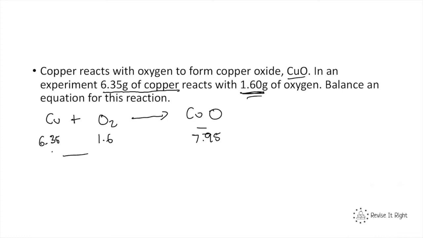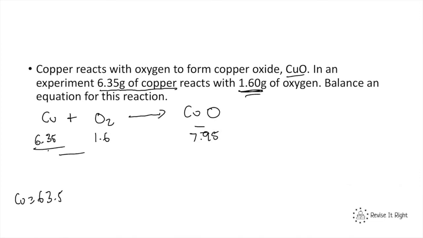Okay, now we've got that, we can find out the Mrs of each of our compounds. So here we've got copper, so underneath here we're going to write copper, and if we look on our periodic table, then the mass of copper is 63.5. Now it's only copper, we don't have to work out anything else, so the total mass is going to be 63.5. And O2, remember 1 O is 16, O2 is 32.